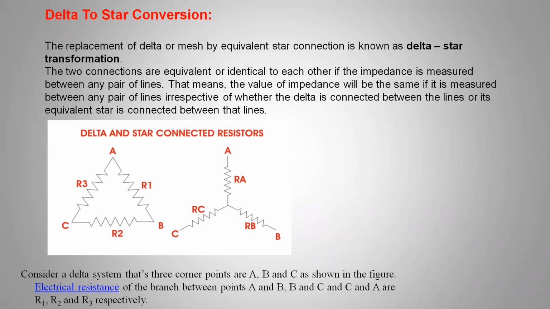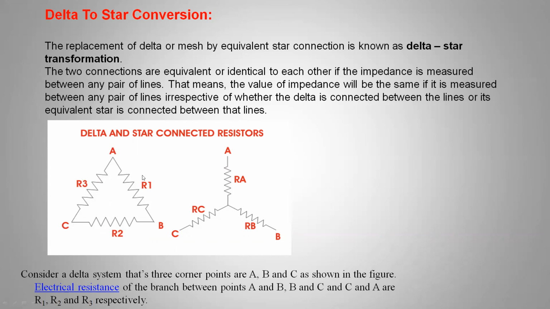Okay, so you can see the figure of delta and star connected resistors. This is the delta connection. Between A and B is connected resistance R1, between B and C the resistance R2, and between A and C the resistor R3.